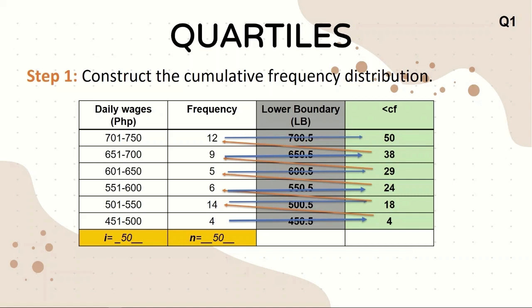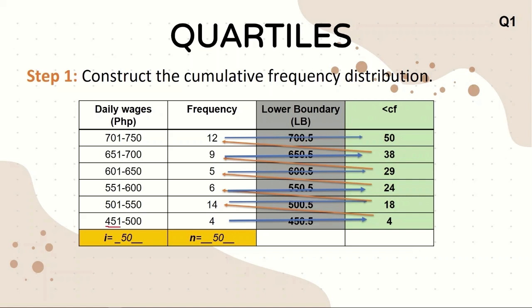Next, we have to find the class interval. So what is the class interval? A while ago, I already told you the class interval can be obtained using several methods. One of those is getting the difference between two successive lower limits or two successive upper limits. In this example, I will use the first class and the second class.